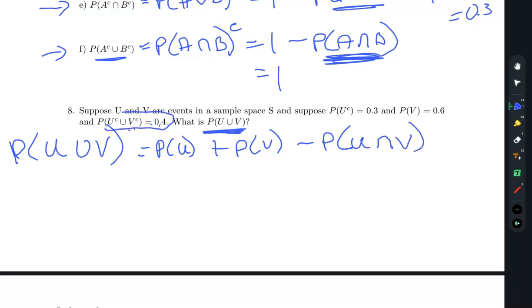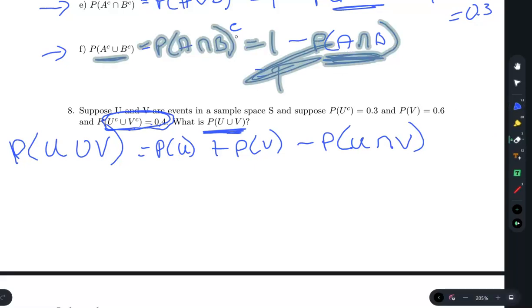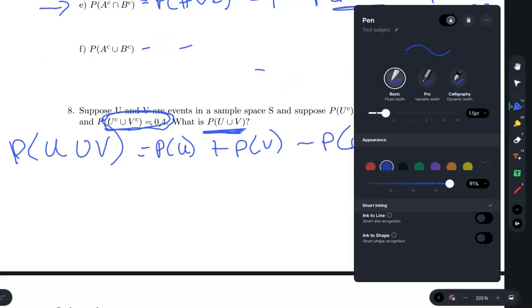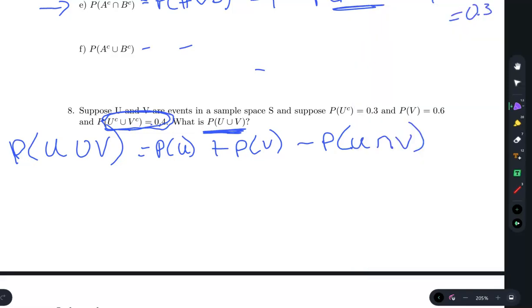Okay, so let's take this guy apart here. So using De Morgan's, let me make some room up here. Using De Morgan's, figure out what that means. Okay, so this is probability of U and V all complemented, right? And they're telling me that that's what 0.4 is, right?